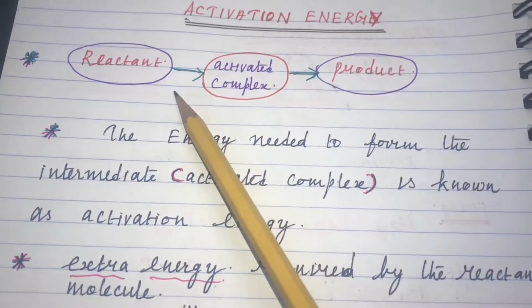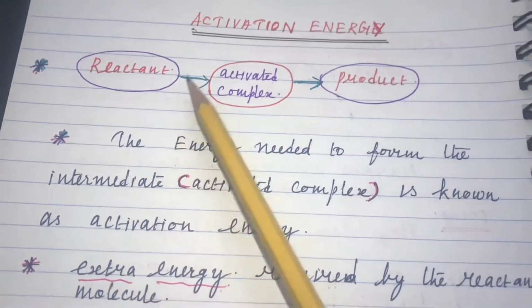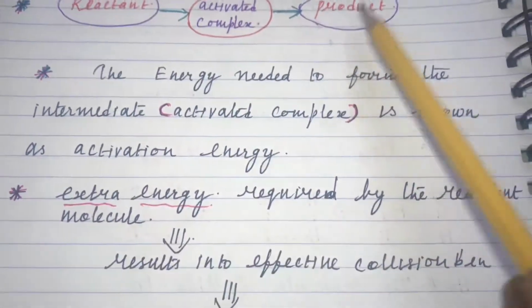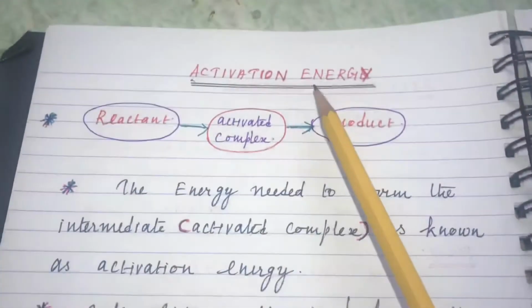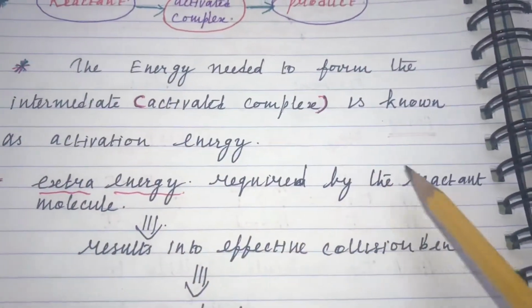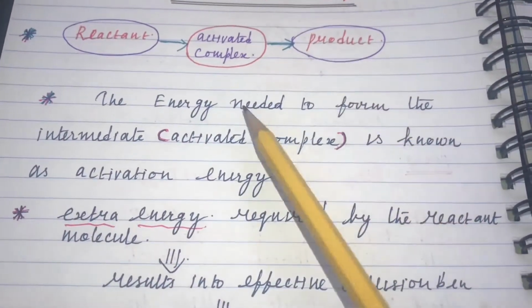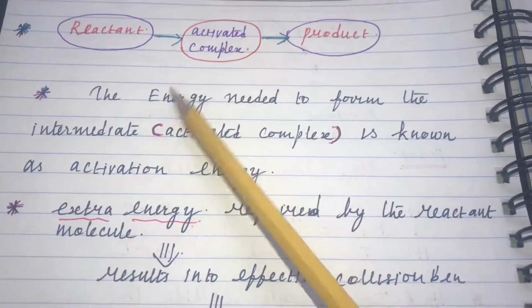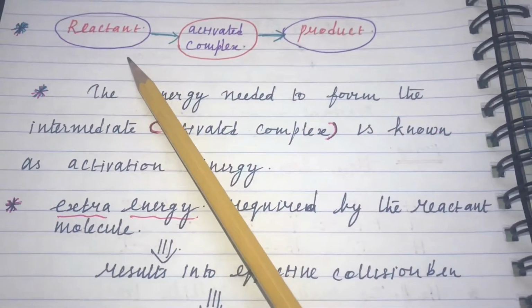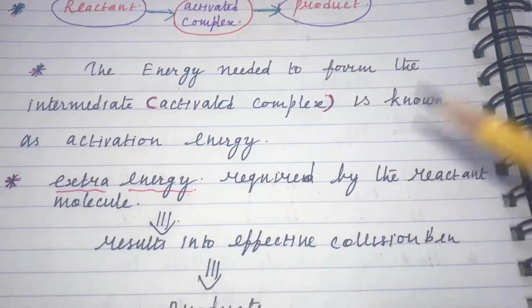Only the reactant molecules which possess the extra energy called activation energy convert into product. So we can define activation energy as the extra energy required by the reactant molecule to form the product.